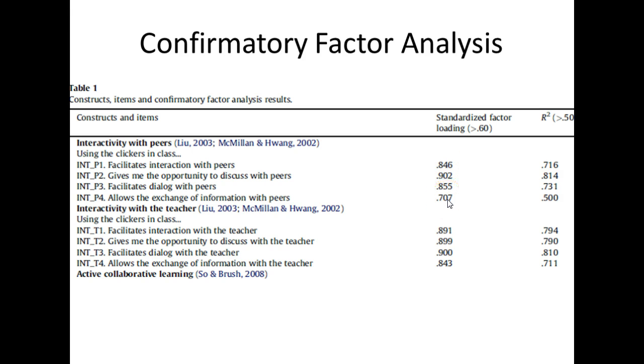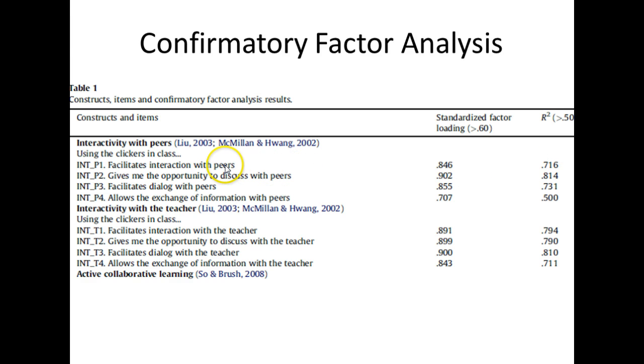So if an item on the survey didn't have a value of at least 0.6, it's just not grouped with any of the constructs. So all of the items are not there. The R squared, which is in the next column, is just this value squared, and that tells you, knowing the response to this particular item for a person, tells you this percent of the value for overall interactivity with peers.